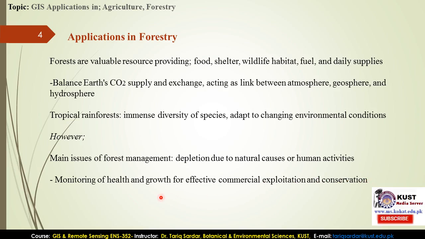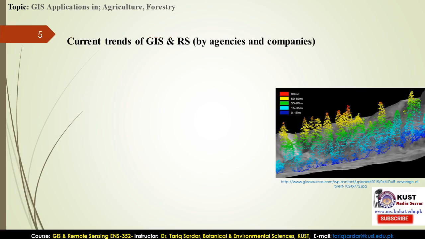So we will now discuss what can be the major implications of GIS and processing in forestry. What are actually the current trends of GIS and remote sensing, especially used by forest agencies, many agencies that are local, regional, and international, and companies, either in the private sector or the national government and public sector?